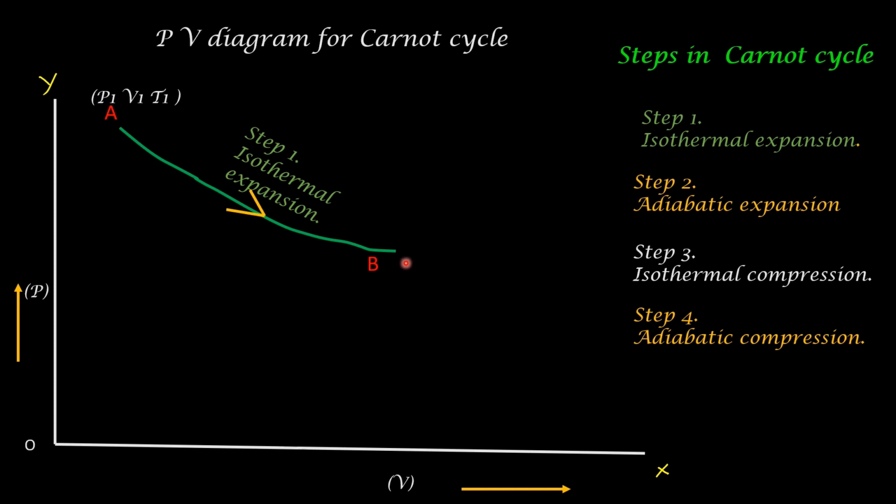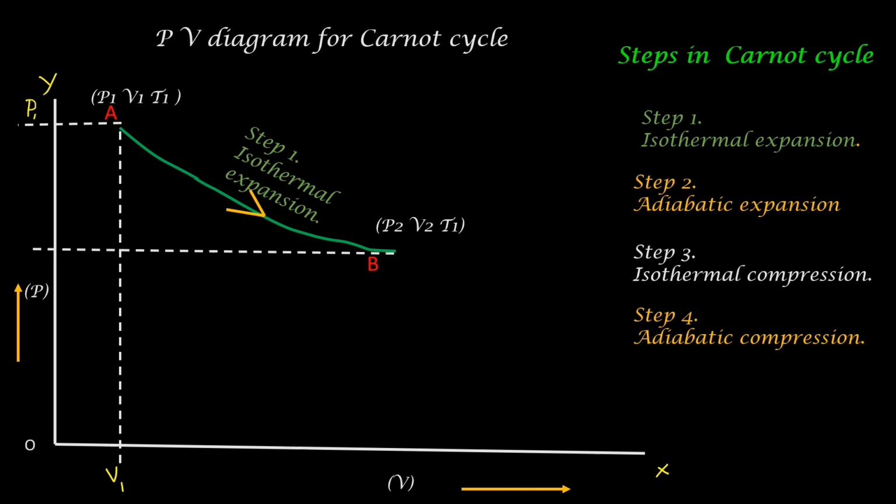The final point of step 1 is B. At initial point A, pressure is P1 and volume is V1. At the end of step 1, that is at point B, pressure decreases to P2 and volume increases to V2. Temperature remains constant because the step is isothermal expansion. I will mark P2 and then V2.